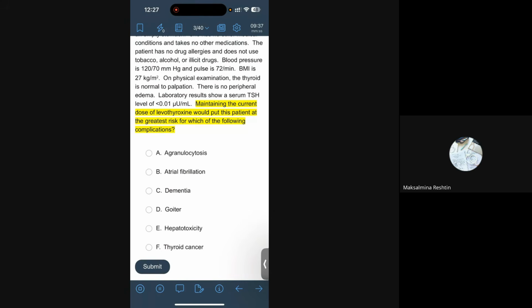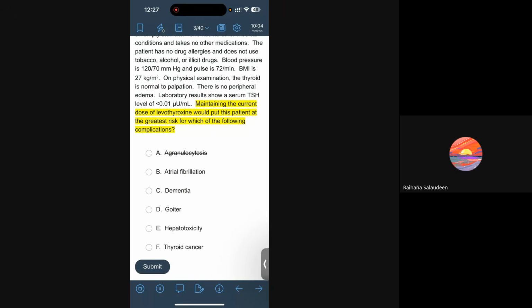Agranulocytosis will be the side effect of what drug? Anti-thyroid drugs: propylthiouracil and methimazole. And also antipsychotics. Valproic acid can also cause it. Hepatotoxicity can be the side effect of what endocrine drug? Which drugs are hepatotoxic and are endocrine drugs?